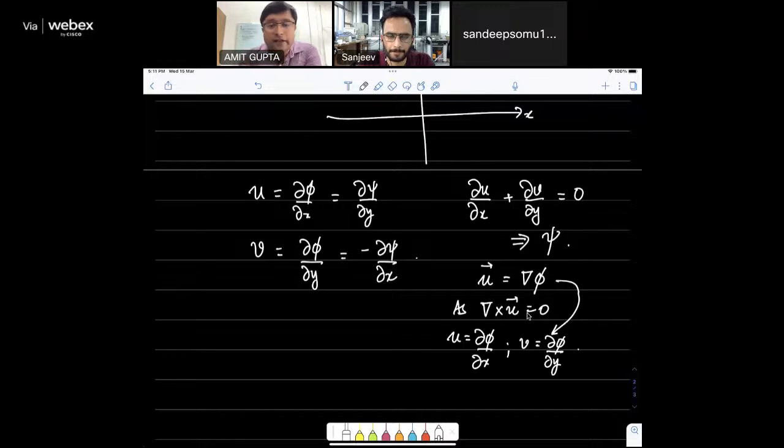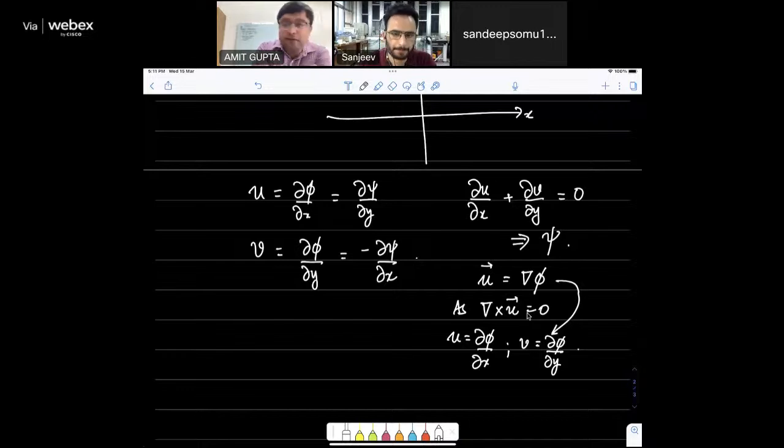So the two equations we really need to write f of z, the complex potential, are the continuity equation and the condition for irrotationality. These two equations form the backbone of everything we have done in this course. So that was about the two functions being orthogonal to each other.